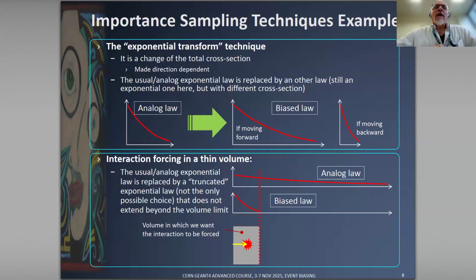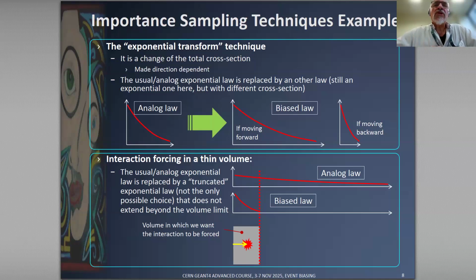At the opposite, there is the case of this thin volume and the forced interaction that Alberto mentioned before. It means that if you have an analog law and a small volume, the small volume only intercepts a small fraction of the exponential distribution, meaning you have a low probability to interact inside this volume.